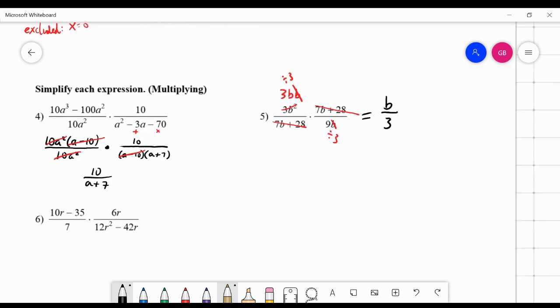Okay, for number 6, let's go ahead and factor. The GCF of the first fraction is going to be 5. So r minus 7. Okay. Over 7 times 6r. And then the GCF of 12r squared minus 42r is going to be 6r. That leaves you with 2r minus 7.